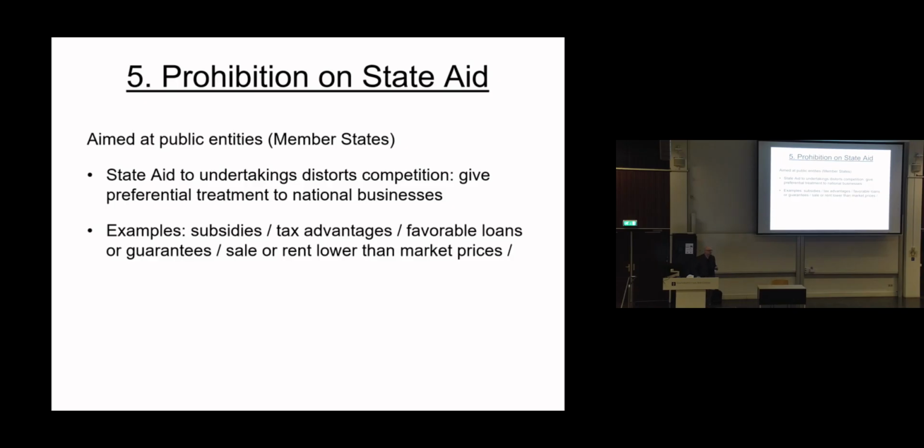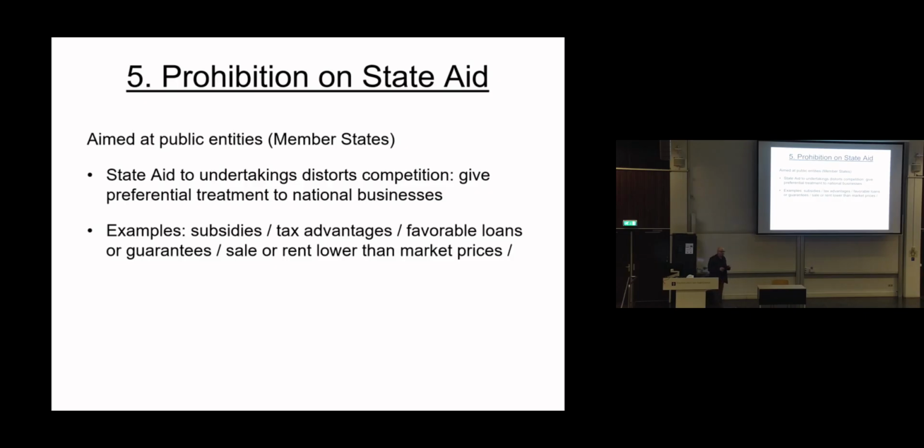State aid is when governments provide subsidies to businesses in order to support them financially. And the idea is that state aid destroys competition. They give preferential treatment to national businesses.